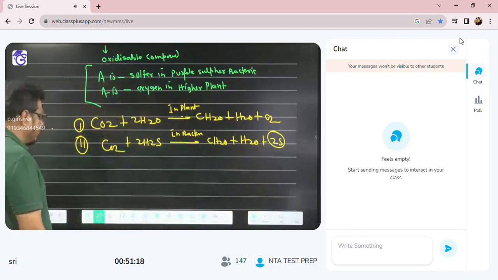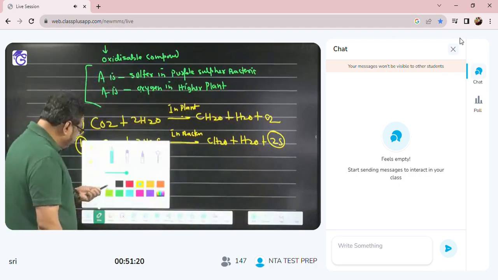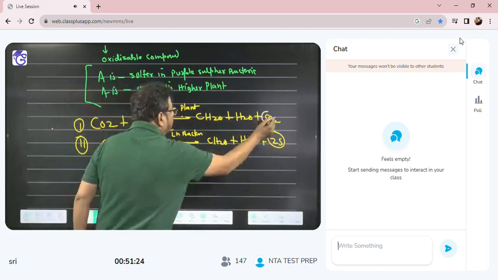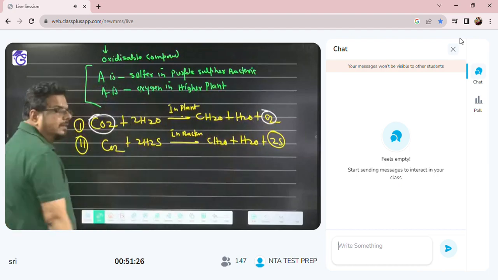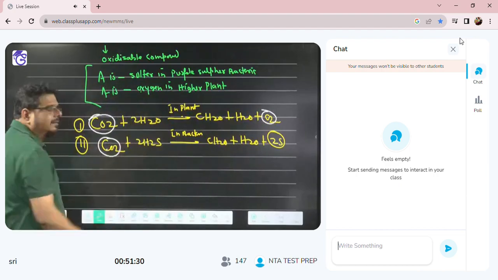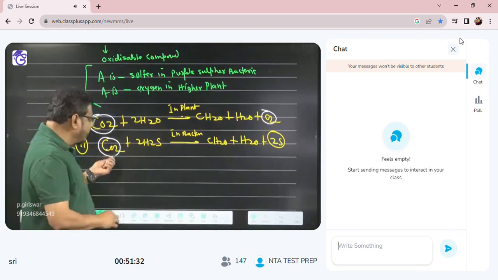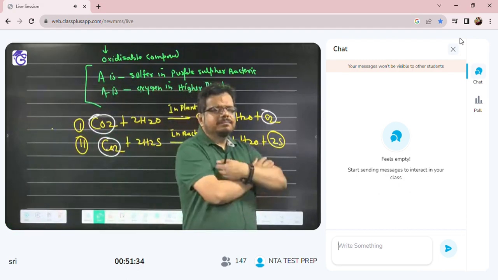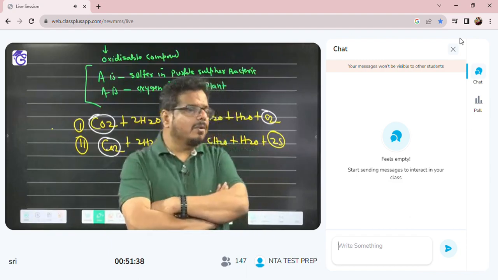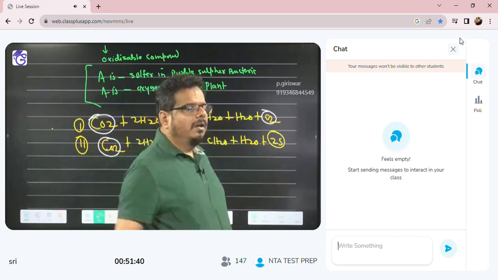His mind struck. He told, people are saying O2 coming from CO2. Why CO2 also present in bacteria? Bacteria is also taking CO2. Why O2 is not coming? And he gave a conclusion. It means oxygen not come from CO2.